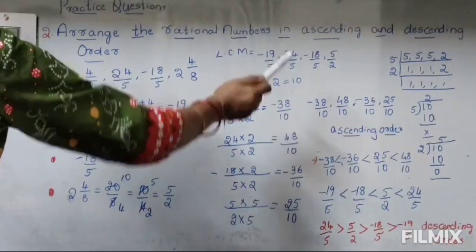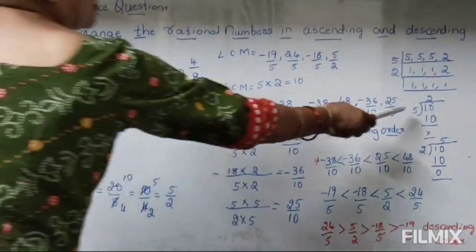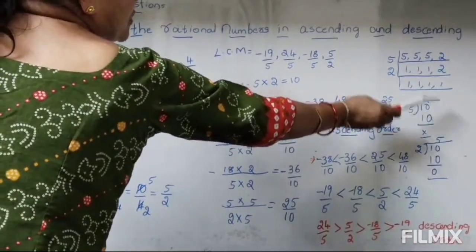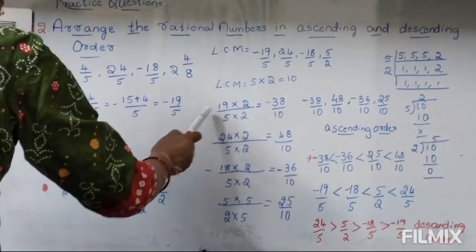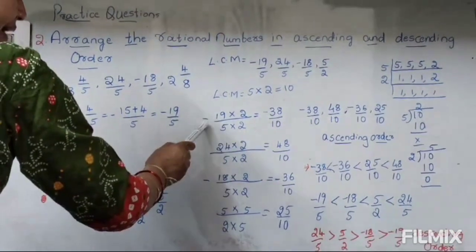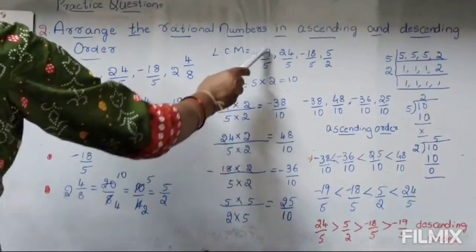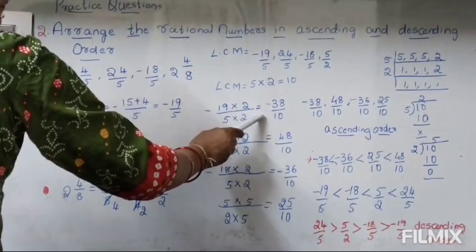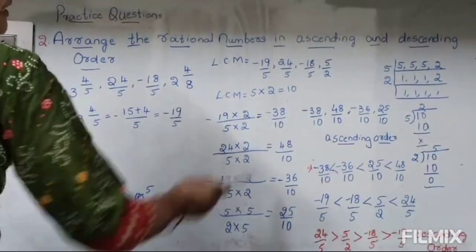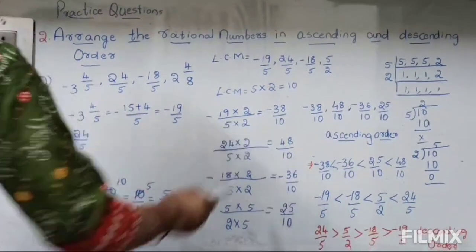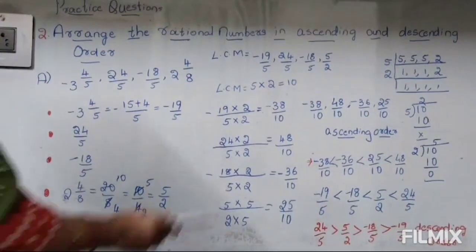So divide it. 5 2s are 10. Look here, I have divided, 5 2s are 10. This 2 is multiplied with this 19. Retain this minus sign here. 19 into 2, which is 19 2s are 38, minus 38 by 10.